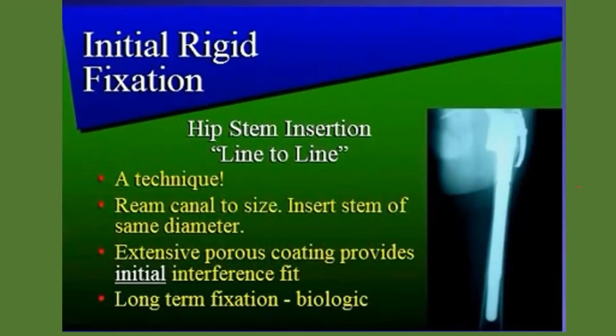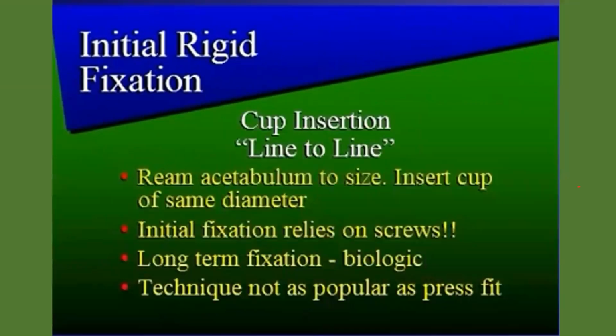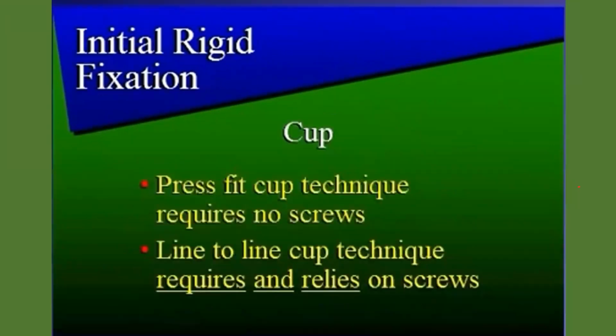Extensive porous coating provides initial interference fit and long-term fixation, and it's a biologic fixation, but you have to use screws to assist in the fixation to become solid. The line-to-line cup technique requires screws.